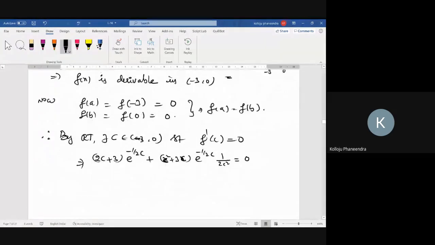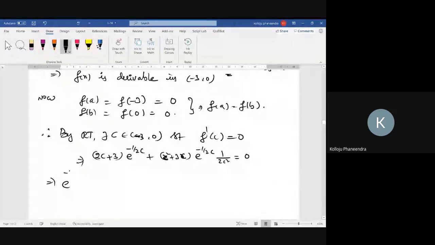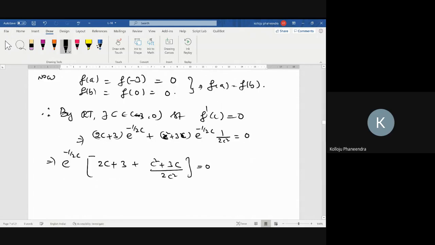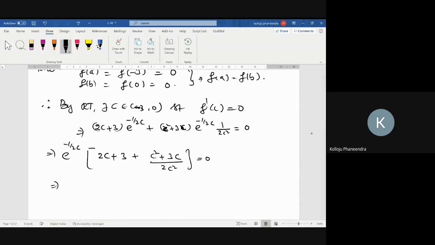And what is common here? e to the power of minus 1 by 2c is common. So remaining part 2c plus 3 plus c square plus 3c by 2c square equal to 0. Just simplify this. e power minus 1 by 2c is never 0, as it would be only when c equal to 0, and c equal to 0 is not there. Therefore, it is never 0. So this bracket function is equal to 0.